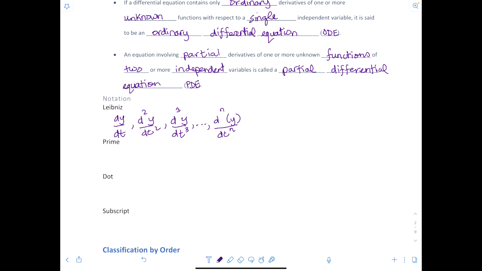And here, it's nice because looking at d squared y over dt squared, the y portion tells you that that's your dependent variable, and the t right here is our independent variable.